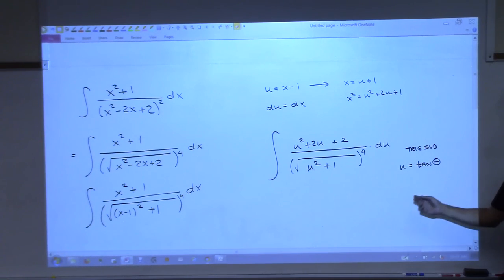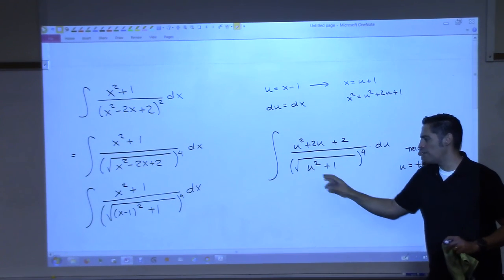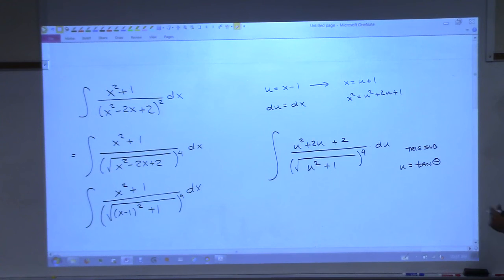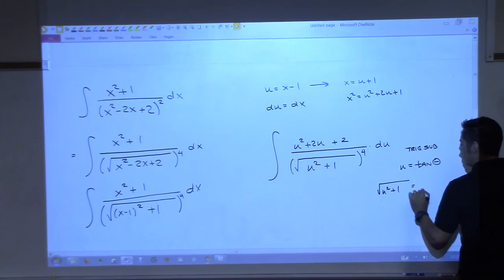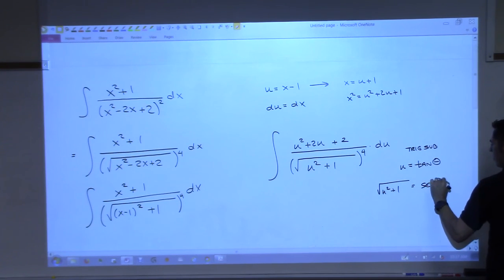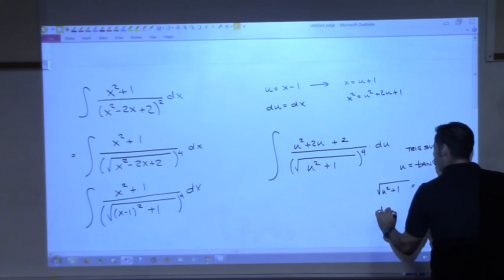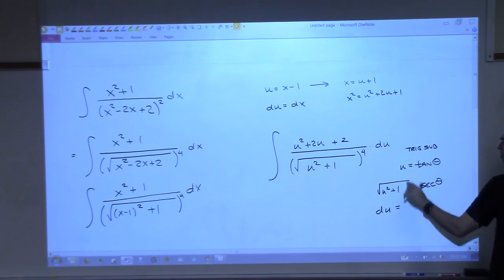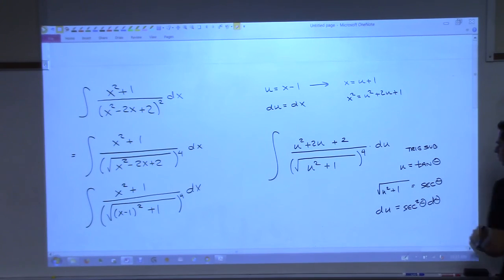I'm using this substitution because I have x squared plus a squared, right? That's the form I have. I know that the square root of u squared plus 1 is going to turn into automatically secant theta, right? And then I know that du, not dx, du is going to be secant squared theta d theta.